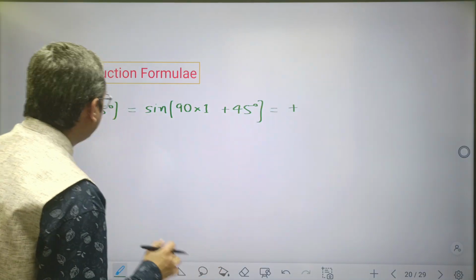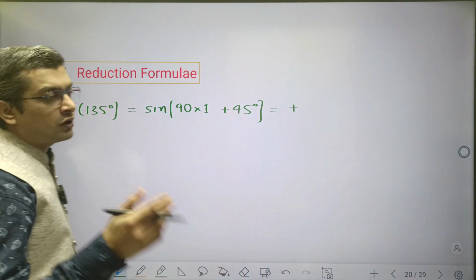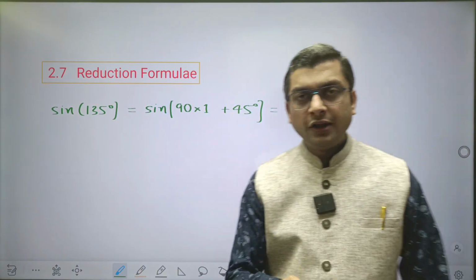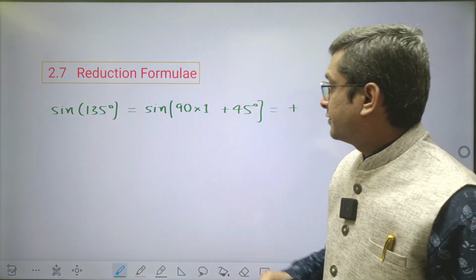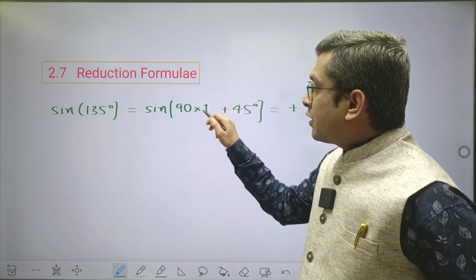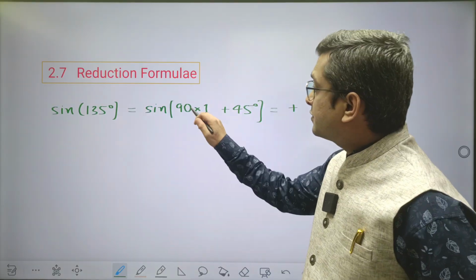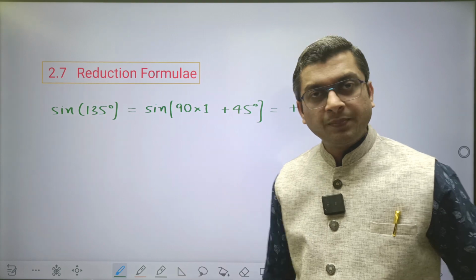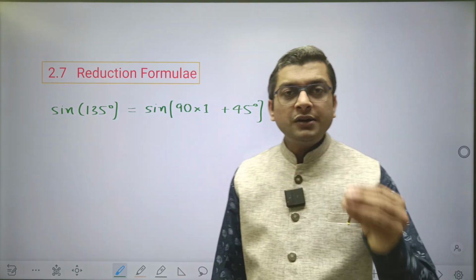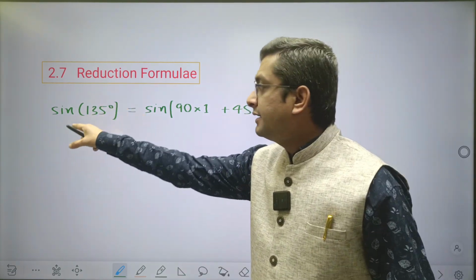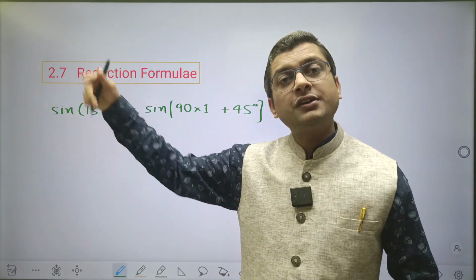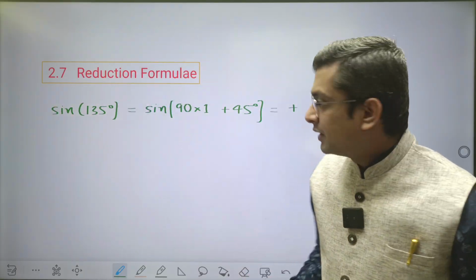So the very first step is to observe in which quadrant the angle lies and choose the sign accordingly. Then the second step is to observe the multiple of 90. So this is an odd multiple of 90, and 90 into 1 means odd multiple. Whenever there is an odd multiple, convert sine into cos. And if there would be cos, then convert that cos into sine.